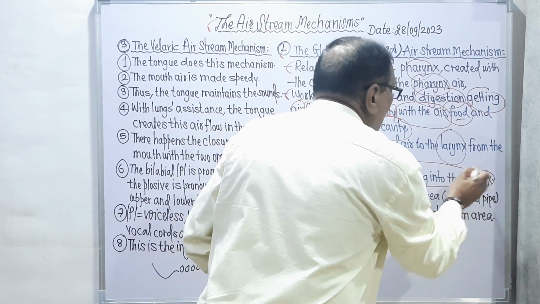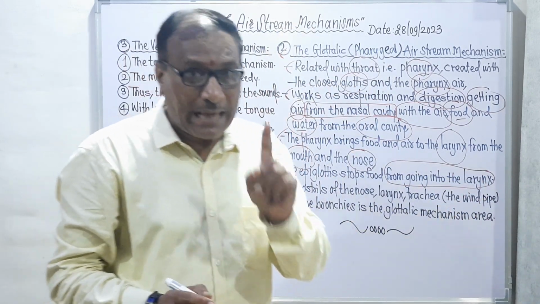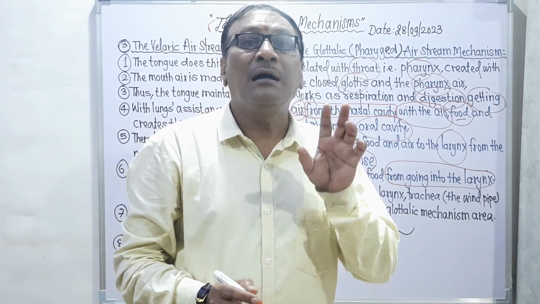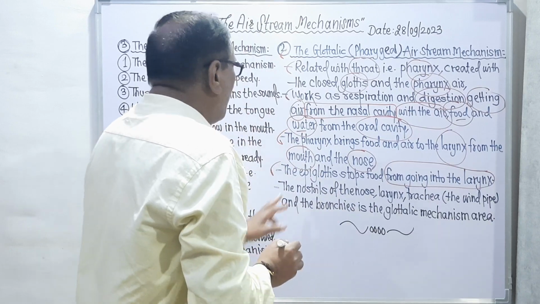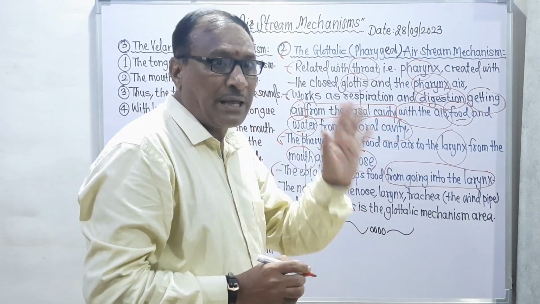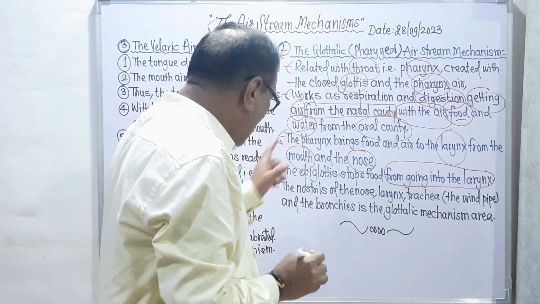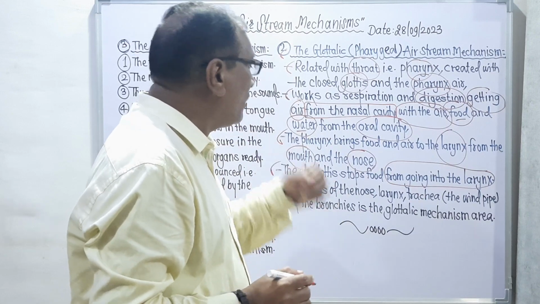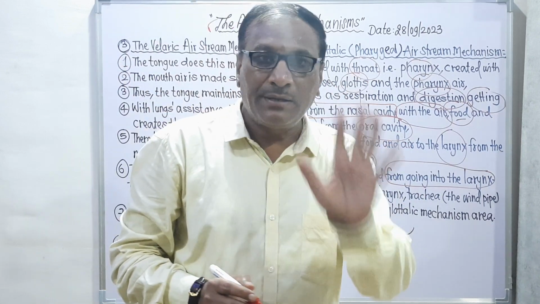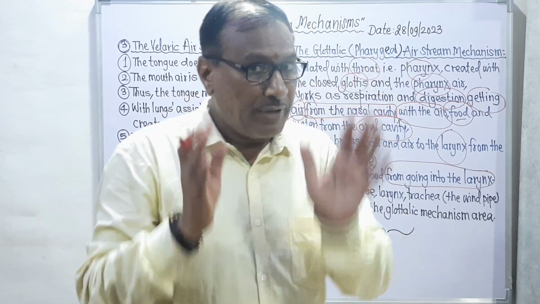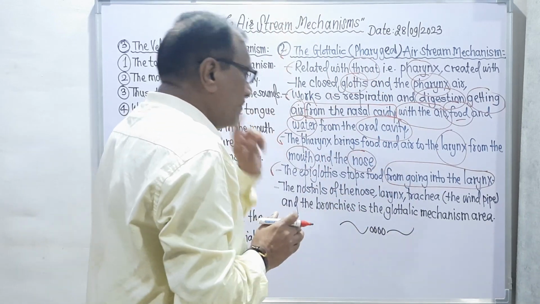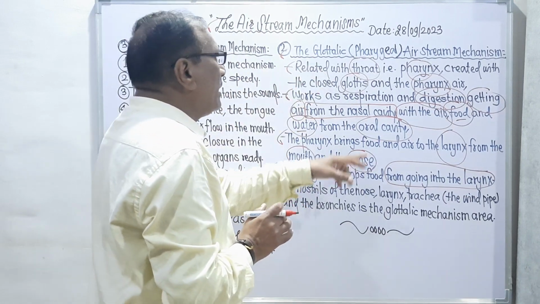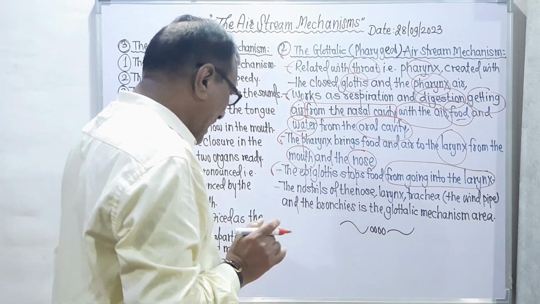The food cannot enter into the larynx because of the epiglottis. The epiglottis stops that food, and hence the food never goes into the larynx. That is the method, and this method is very important here. And remember, we are discussing here the glottalic pharyngeal airstream mechanism.